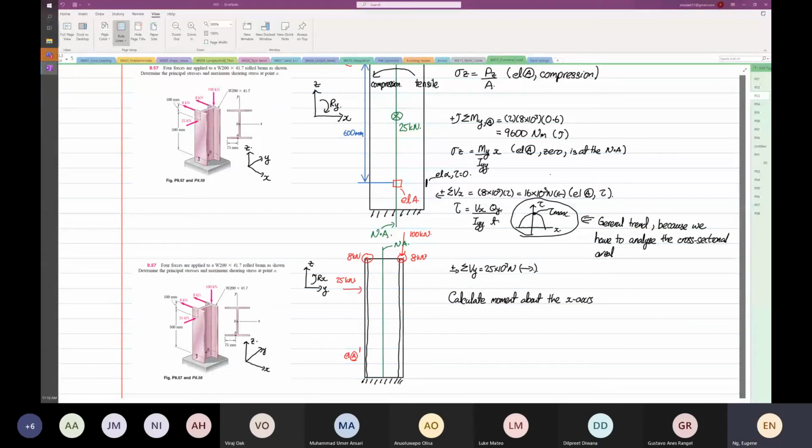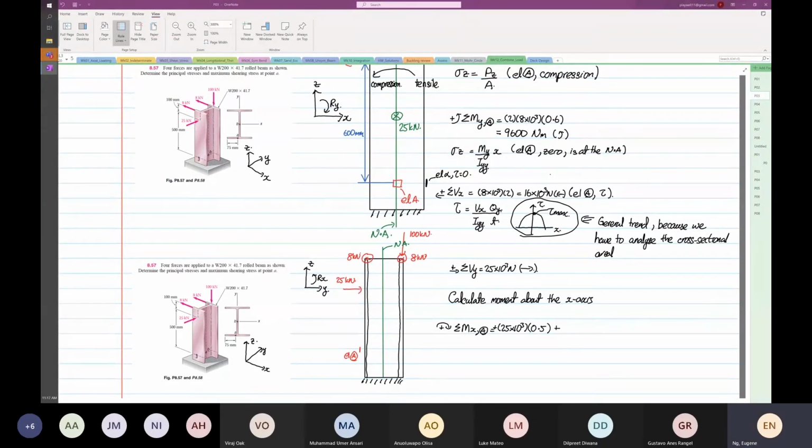I'm going to call clockwise positive. Summation of moment in the x direction at point A is equal to, now the 25 kilonewton is going to be positive. The perpendicular distance is what? It is 0.5, right?